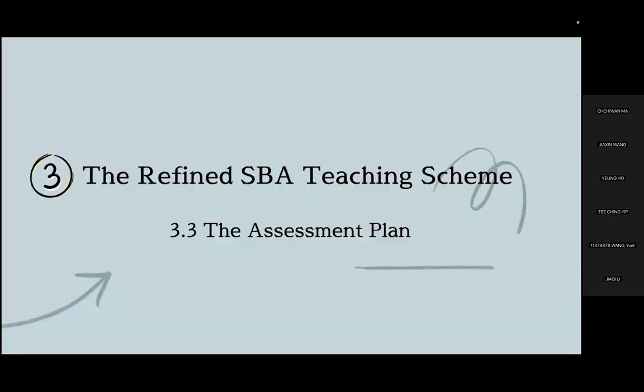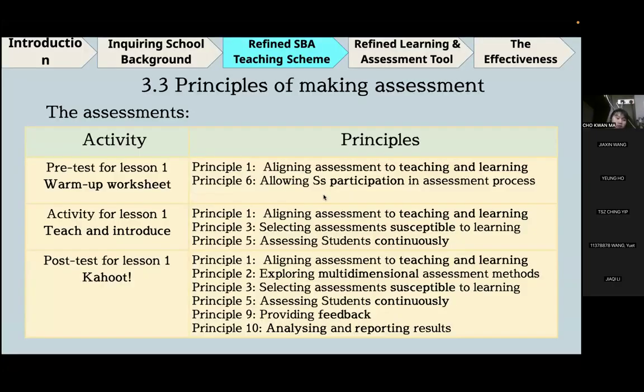Okay, so we are going to talk about the assessment plan of the refined teaching scheme. And this is the lesson 1 assessment plan, in which the pretest aligns with principles 1 and 6. The activity aligns with principles 1, 3, and 5, and the post-test Kahoot aligns with principles 1, 2, 3, 5, 9, and 10.